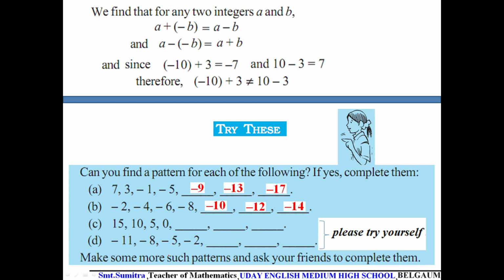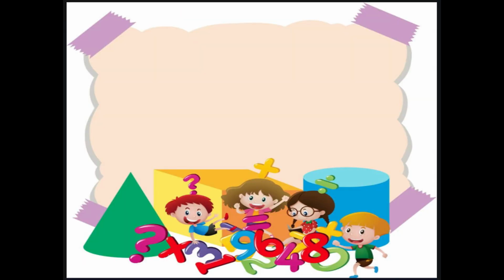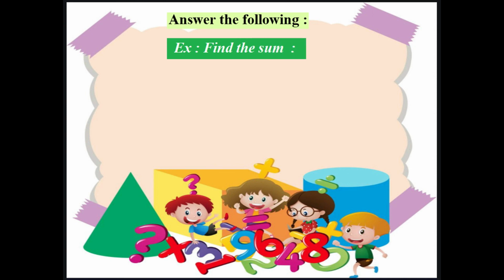I'll move to the next. Dear students, answer the following simple questions on addition. Find the sum. 9 plus of minus 4. The bigger number is 9. Its sign is positive. Plus 5, the difference. Next, minus 5 minus 2. Both are negative.